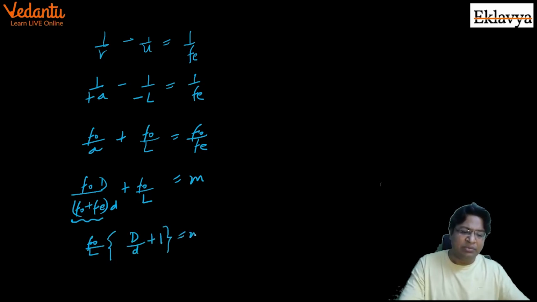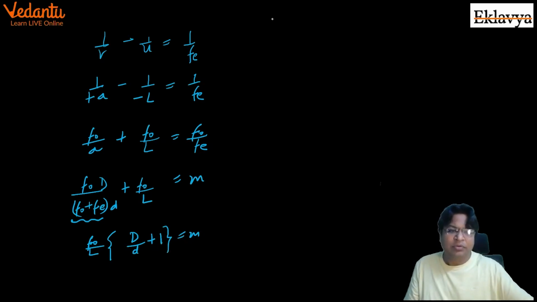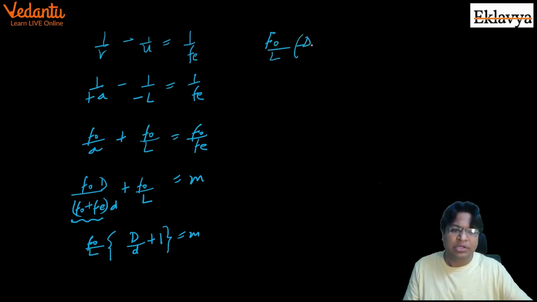So that becomes the magnification. And regarding F naught by L, we can write F naught by L into D by d plus 1 is equal to M.